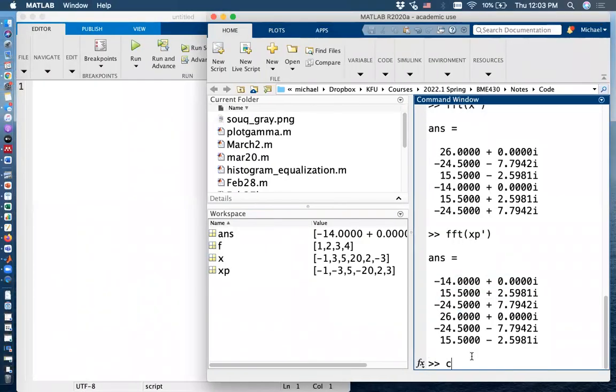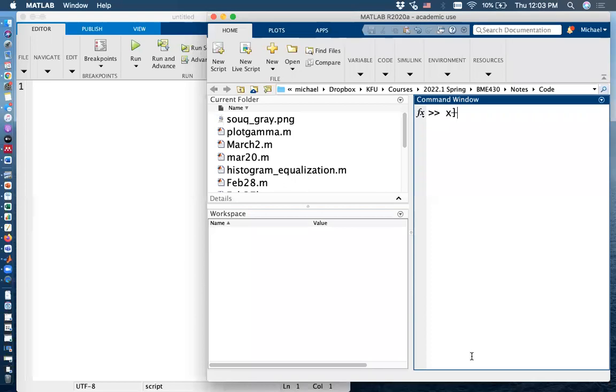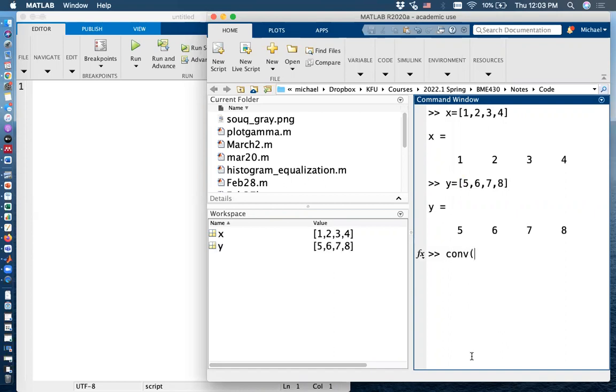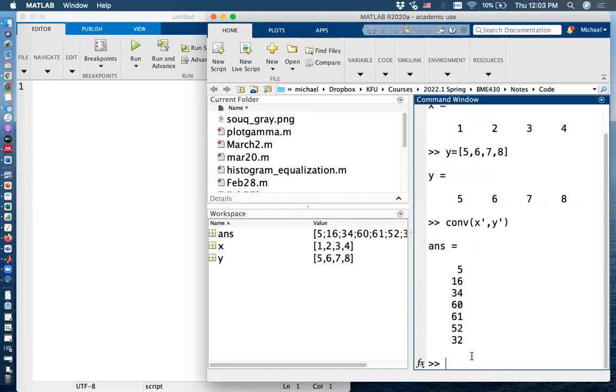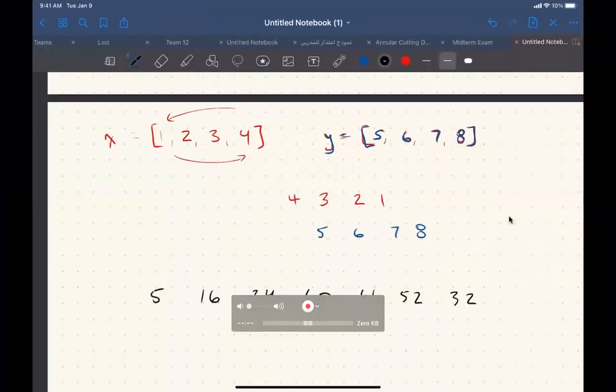If we define x as 1, 2, 3, 4, and y as 5, 6, 7, 8, and convolve x and y, we get the values 5, 16, 34. The next one is 60, then 61, 52, and 32. So I wrote them down here.